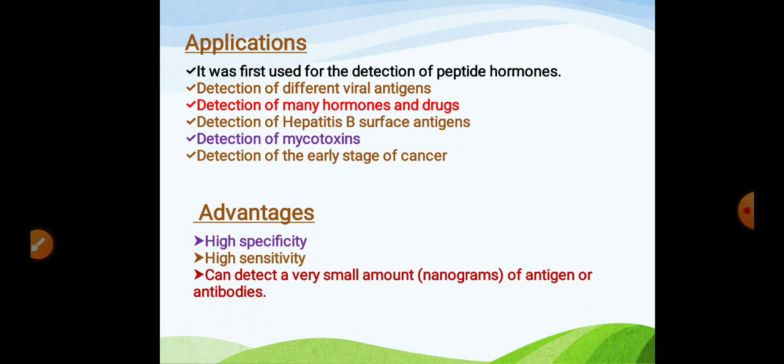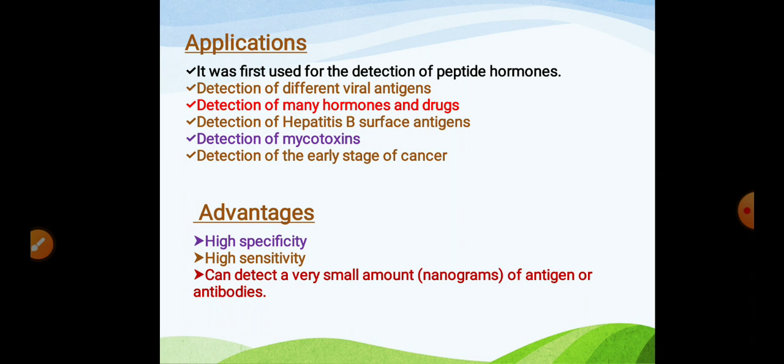It has certain applications. This RIA is used to detect peptide hormones, different viral antigens, hormones, drugs, hepatitis B surface antigens, even mycotoxins, and early stages of cancer can be detected using RIA. And what are the advantages? It has high specificity, even in minimal concentrations; even 0.01 microgram concentration we can detect.